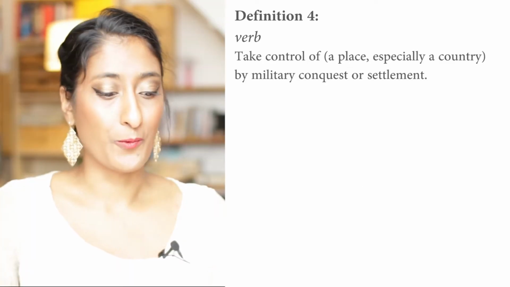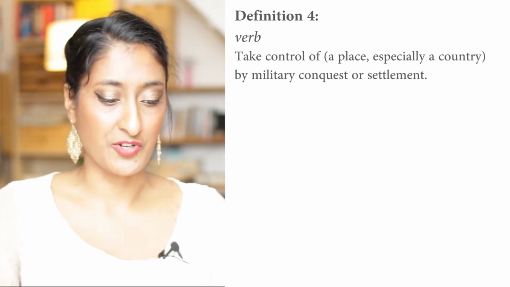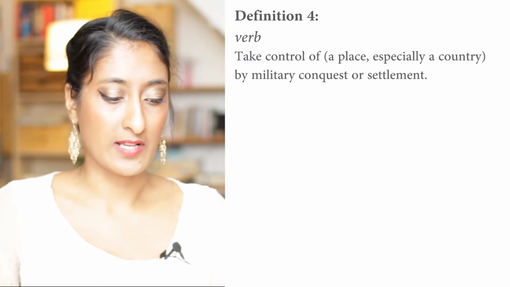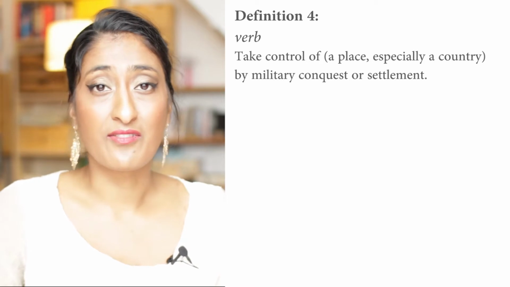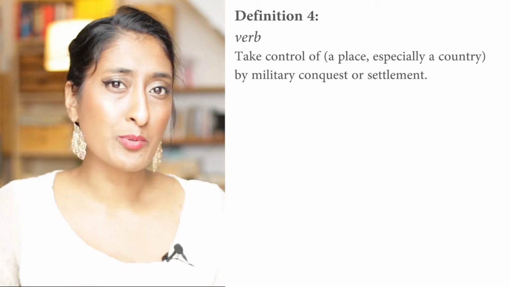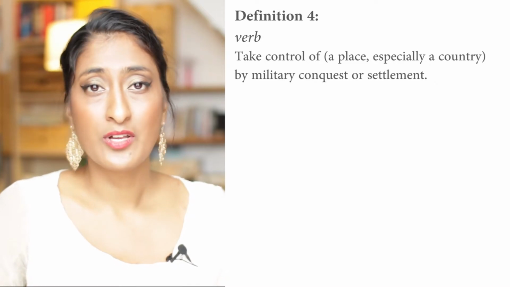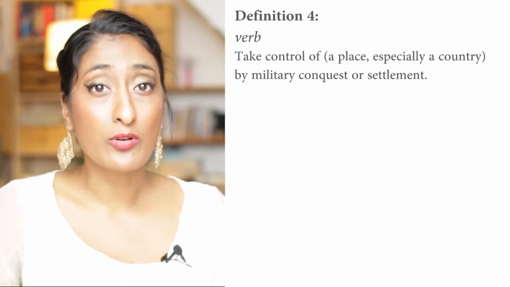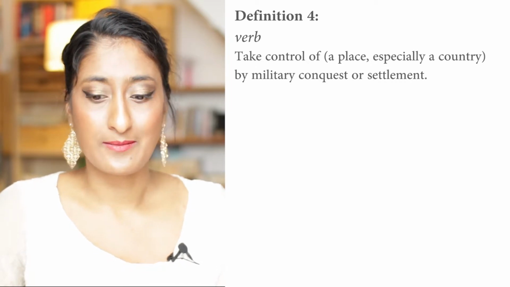Definition 4. Take control of a place, especially a country, by military conquest or settlement. So when one country invades another, or when a people settle down in another country, for example, you can say that they occupied that country. Here's an example sentence.